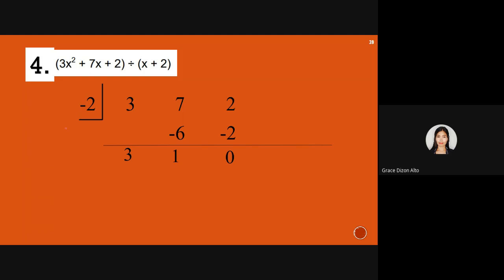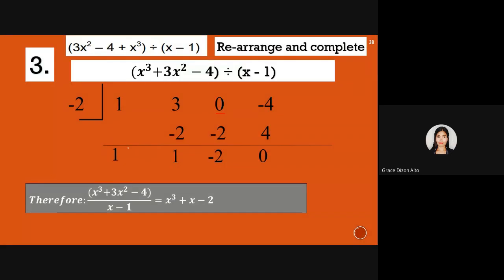Okay, next for number 4. So we have 1, 1, 3, 0, -4. We have to divide it by 1. Bring down 1, times 1 is 1, plus 3 is 4, times 1 is 4, plus 0 is still 4, and then times 1 is 4. Therefore, this is 0.